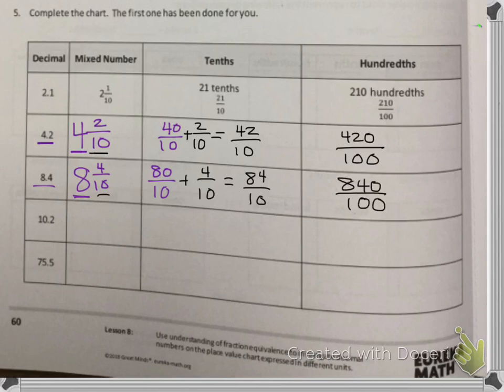Remember, you're multiplying by 10 on the top and bottom, because we're going to hundredths, to make 840 hundredths. Same thing here, times 10. We're going from tenths to hundredths.